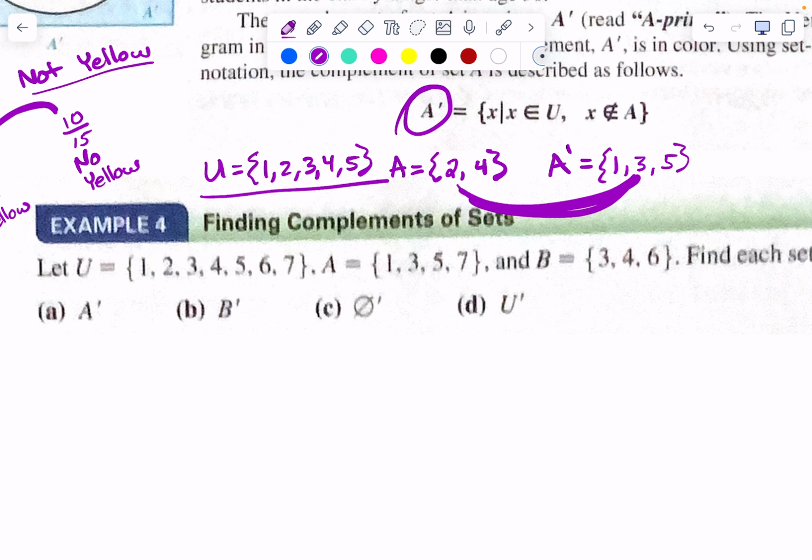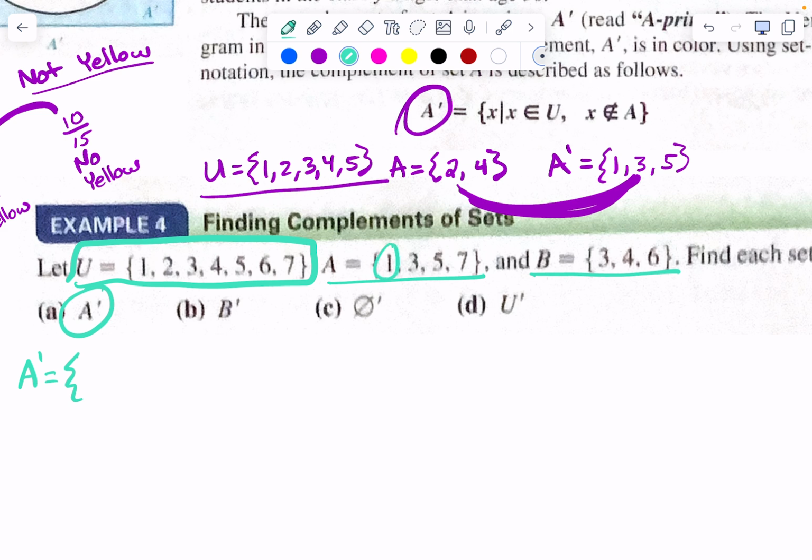Okay, we have 2 subsets and we have our universal set. Our universal set is this big guy. That's what we're referring everything back to. A is this guy, B is this guy. Those are 2 smaller sets. All right, what's the complement of A? A prime equals? I just look at the elements. A has 1, A does not have 2, so A complement would have to have 2. 3 is there, 4 is not there, and 6 is not there.